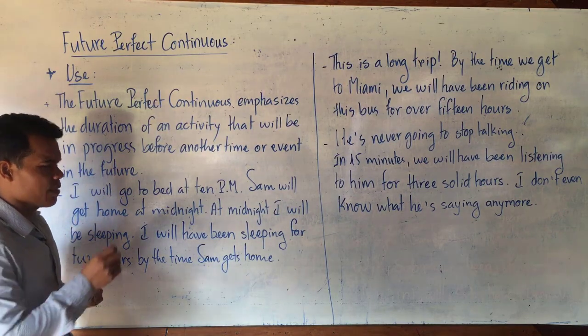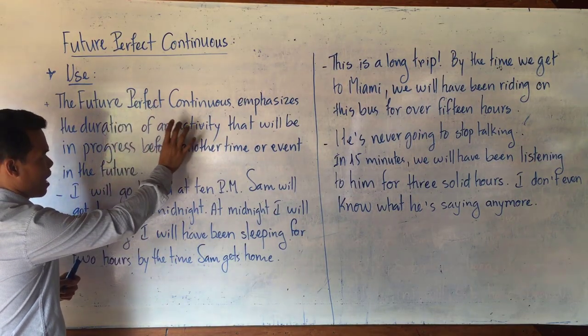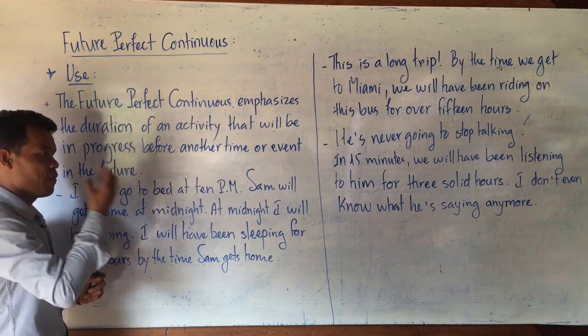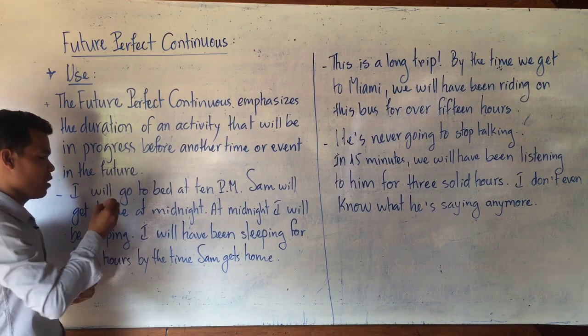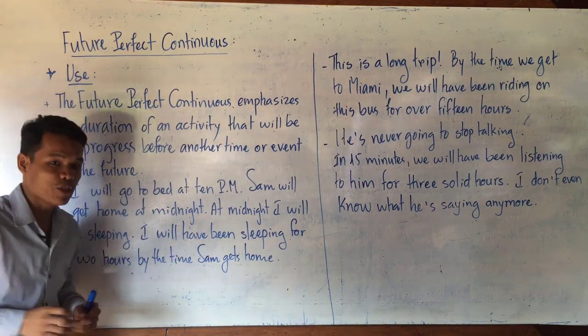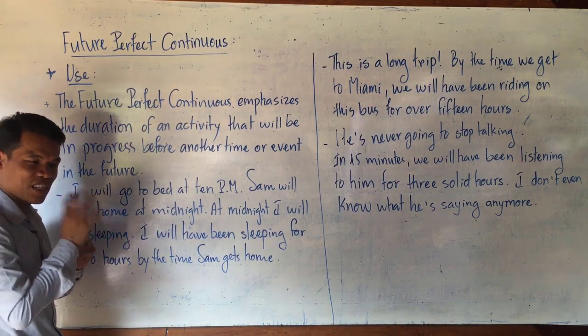You can say the future perfect continuous emphasizes the duration of an activity that will be continuing before another time or even in the future, or before a definite time in the future. It's similar to future perfect simple on this point.